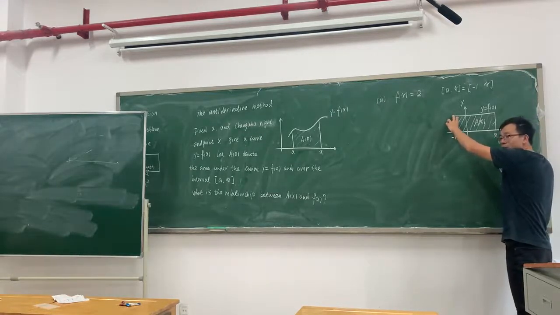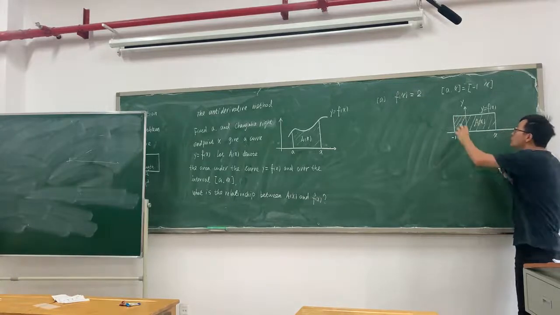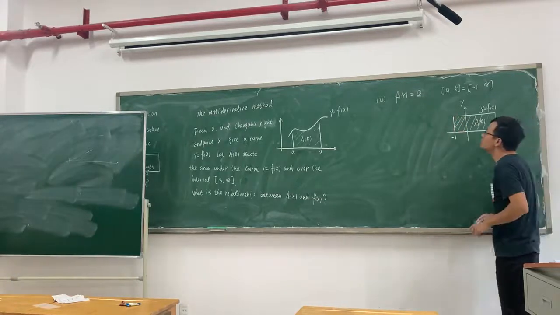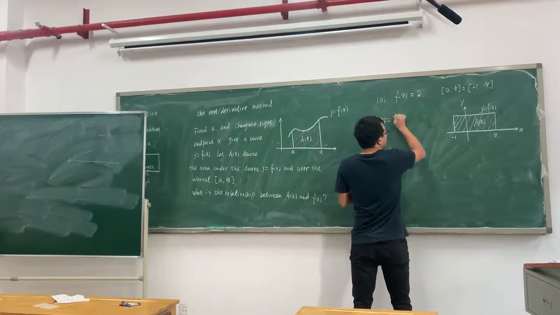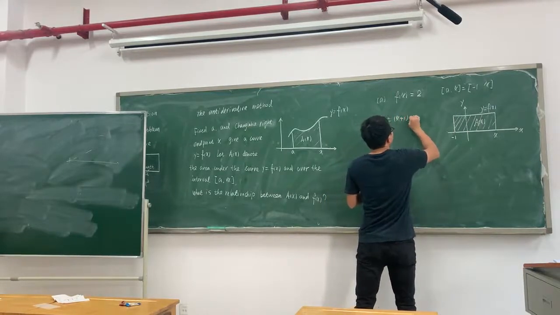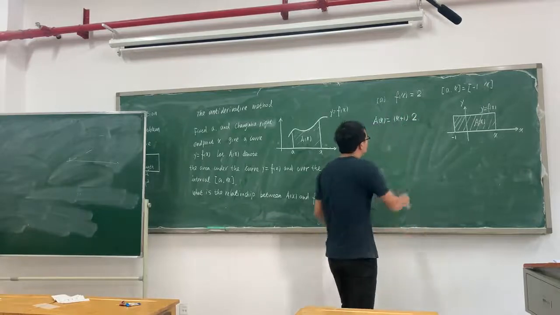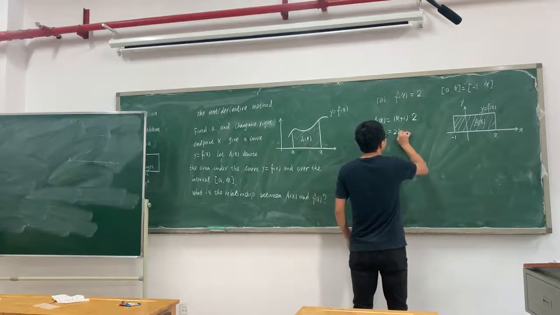So what's the y? It's 2. So A(x) equals (x plus 1) times 2, and the result is 2x plus 2.